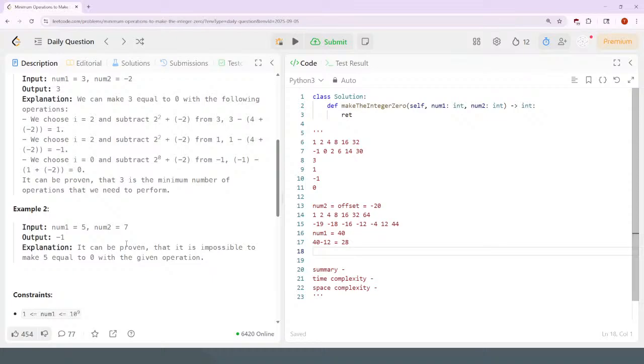Then you can also choose to change it by a power of 2 step as well. The offset is 2, the power of 2 is 2, so yeah.